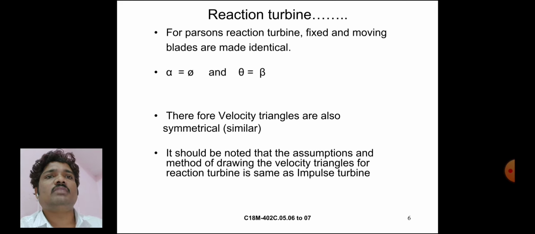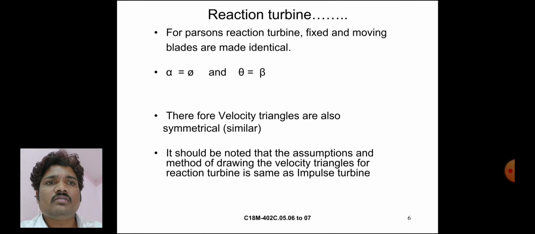For a Parsons reaction turbine, fixed and moving blades are made identical. Alpha is equal to phi and theta is equal to beta.